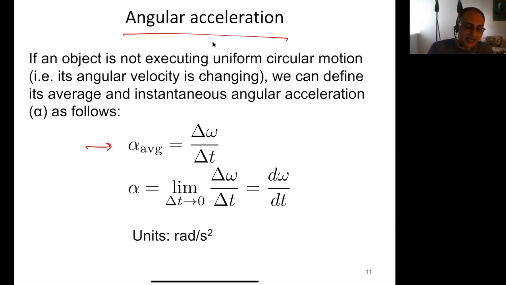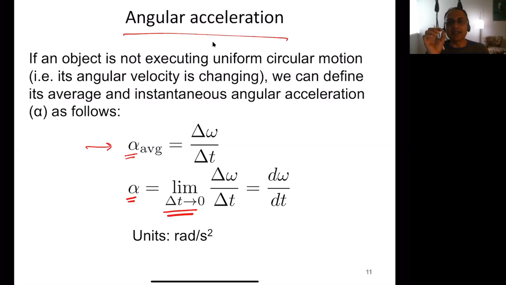The symbol for angular acceleration is alpha. All right, so alpha average is delta omega divided by delta t, but usually we are more interested in the instantaneous alpha, defined in exactly the same way we've defined all our instantaneous quantities. It's just delta omega divided by delta t, with delta t tending to 0.